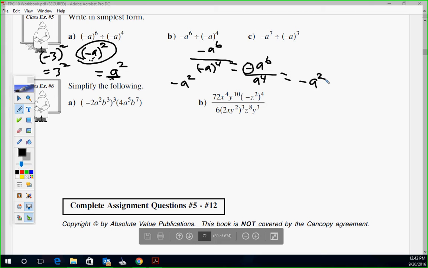Again, this, like I said, this is where your mistakes are going to happen, guys, is not knowing your negatives, not knowing your odd and even exponents. Okay? So if you have questions, let me know. But again, this simplified, we could write this as the same thing as the positive because it had an even exponent. That helped me see, oh, okay, because these need to have the same base, right? If your bases aren't the same, we can't do exponent laws.